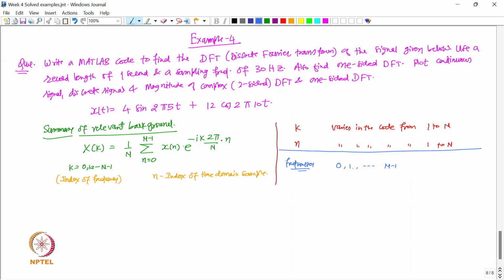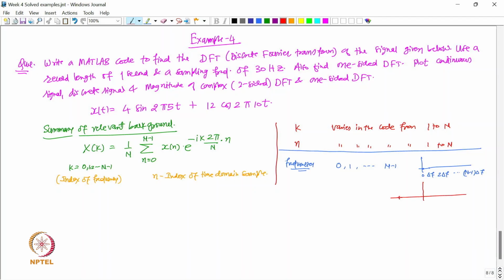So this is like having the complex frequency components as 0, then delta f, then 2 delta f, and going up to n minus 1 delta f. And the alternative way is to have it on both sides.